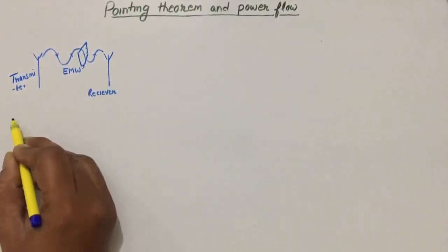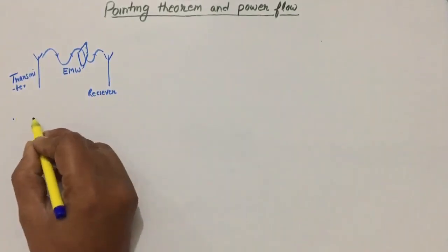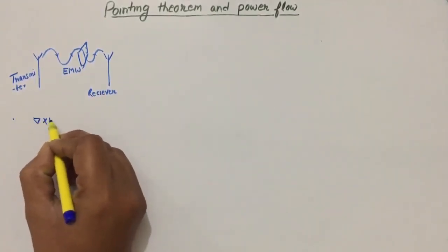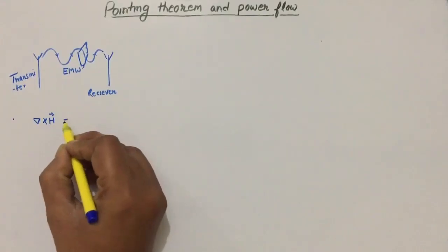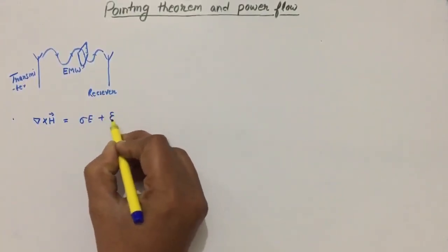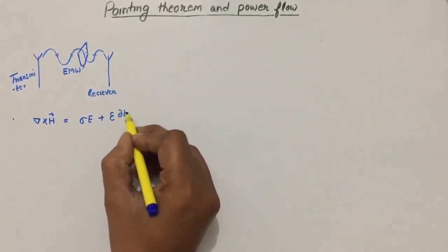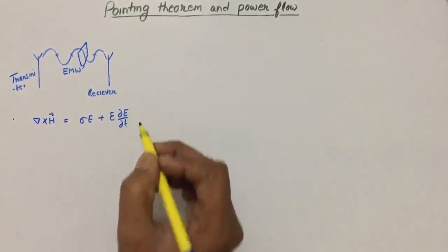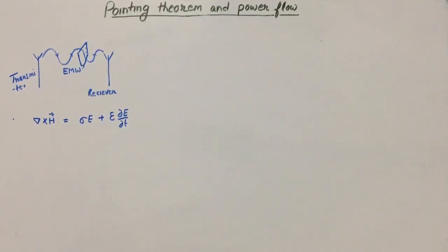nature. So the first equation is, we have the curl of H is equal to sigma E plus epsilon del E over del t. We have this equation and we have discussed this already in detail.